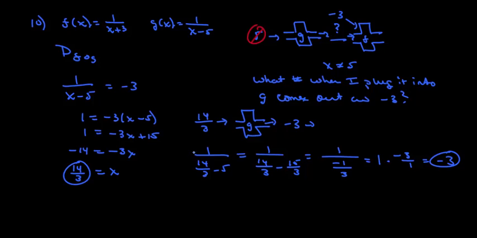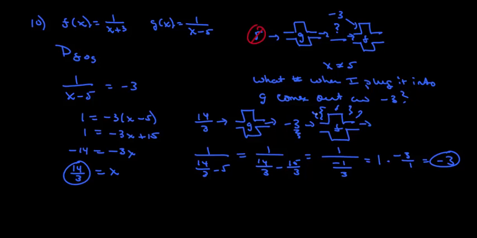So the problem with plugging in 14 thirds is negative 3 comes out, and then when it tries to go into the f function, you're going to have a problem. It's going to blow up.